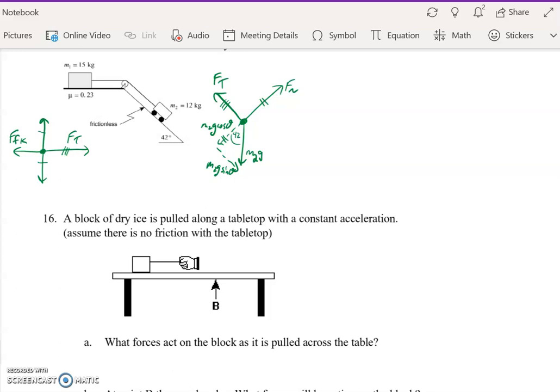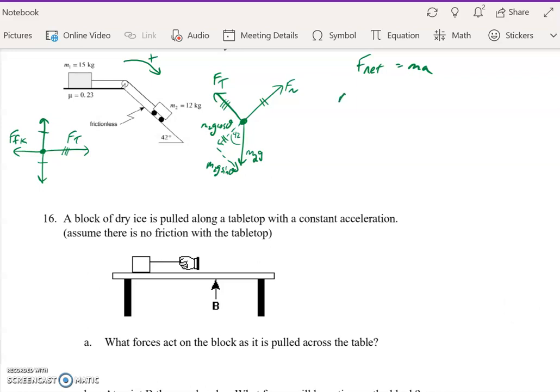And again, we do these Atwood problems looking at the system as a whole, so the tension forces we don't have to worry about. When I'm looking at the net force equation now, I'm looking at forces that are in the plane that the objects can move. So I don't really concern myself with the normal force and gravity force too much on the block. Normal force is going to come into play with friction, but normal force itself is not going to be part of the net force equation. So instead, in the net force equation, I'm going to call downhill positive.